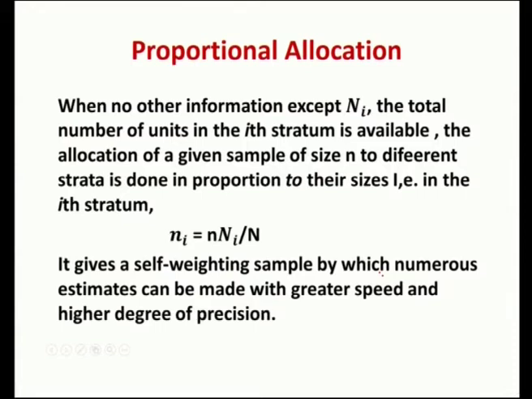The total number of units in the ith stratum is available, that is Ni. The allocation of a given sample of size n to different strata is done in proportion to their sizes. That is, in the ith stratum the size will be small ni is equal to n into capital Ni by capital N.